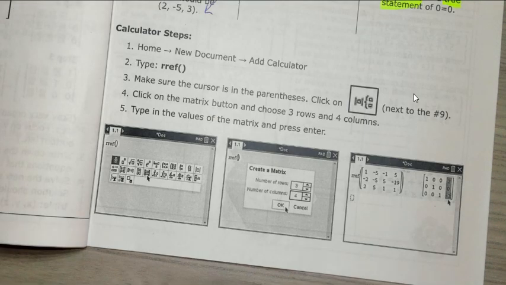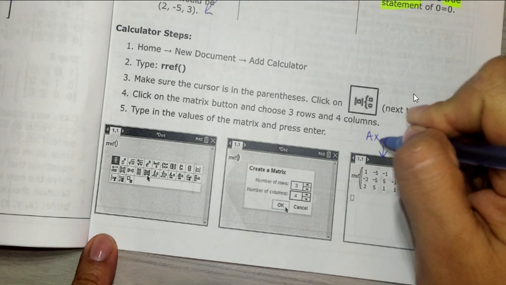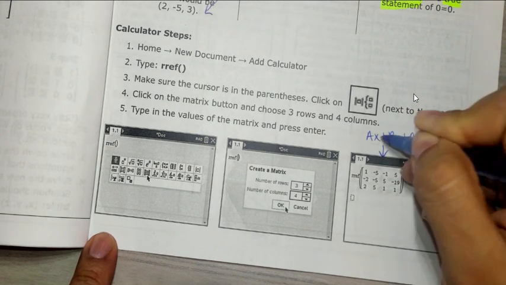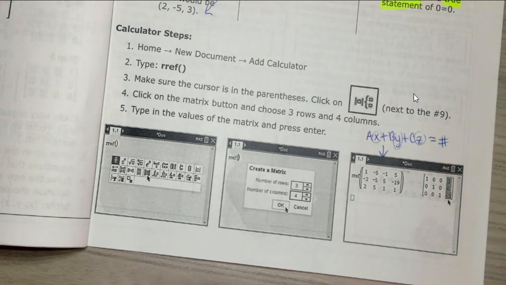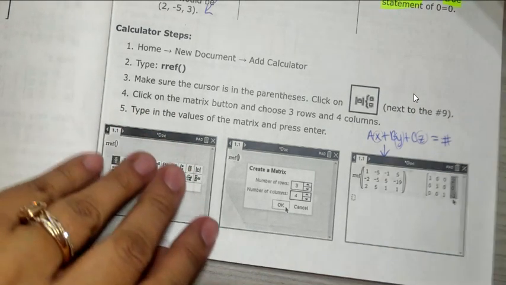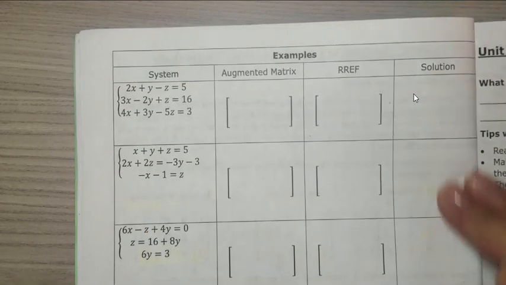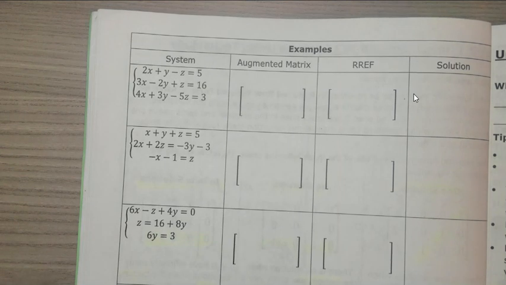Make sure that your system follows the format of having the x, y, and z on the left side of the equal sign, and then the constant on the right side. If your system is not following that, you need to first rewrite it, and then you type it in the calculator, and it'll be able to give you the answer.